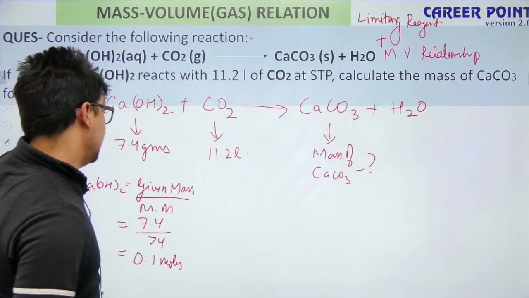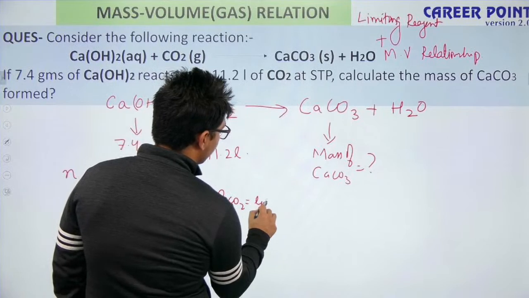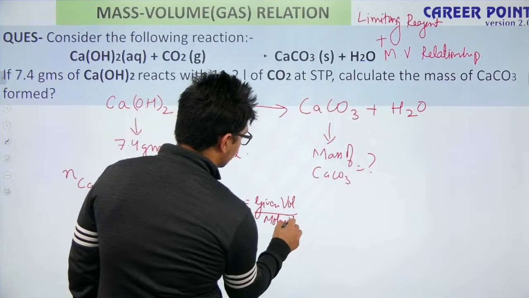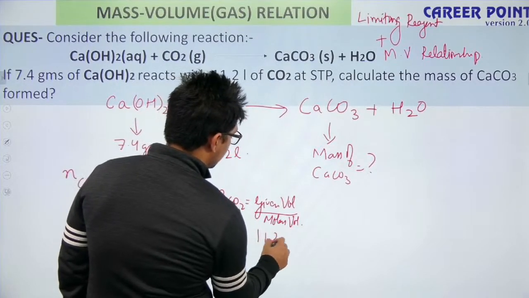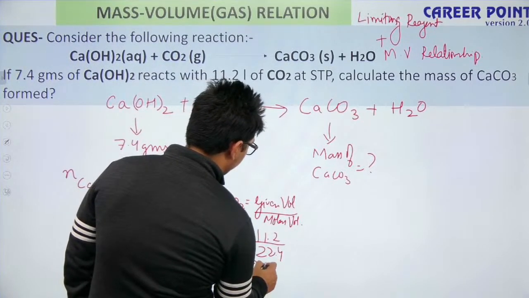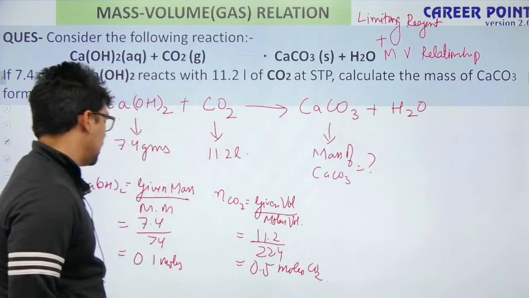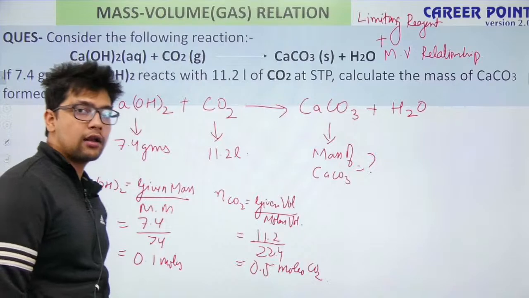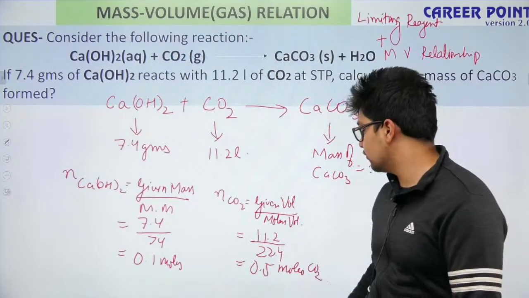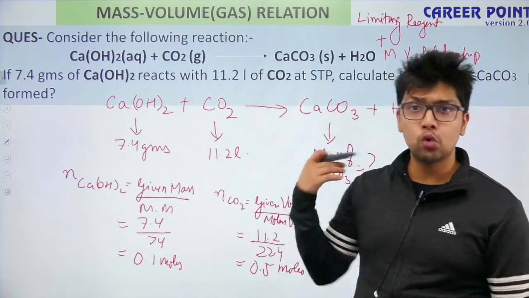The number of moles of CO2 is given volume upon molar volume, 11.2 upon 22.4, which comes out as 0.5 moles of CO2. So you have 0.1 moles of calcium hydroxide, whereas you have 0.5 moles of CO2. The moles of CO2 are more in number.